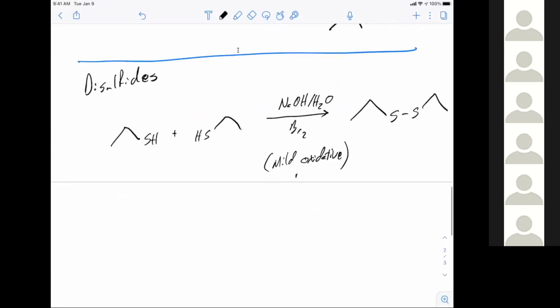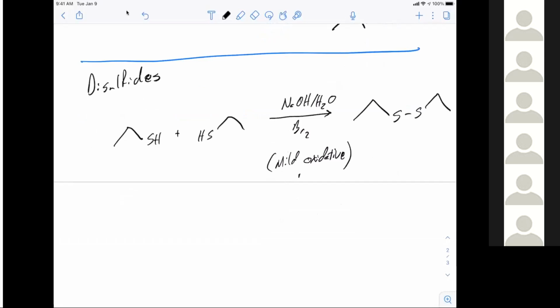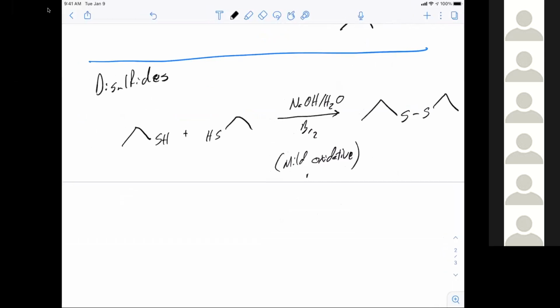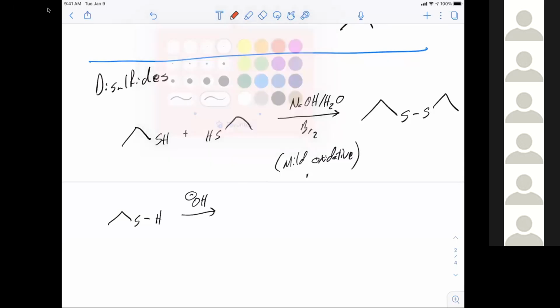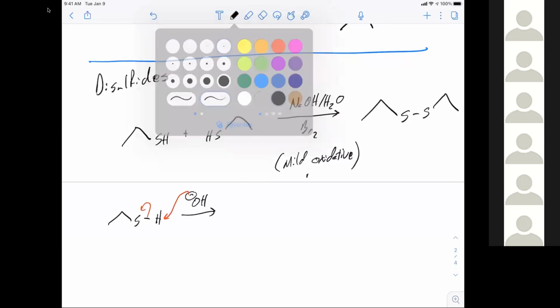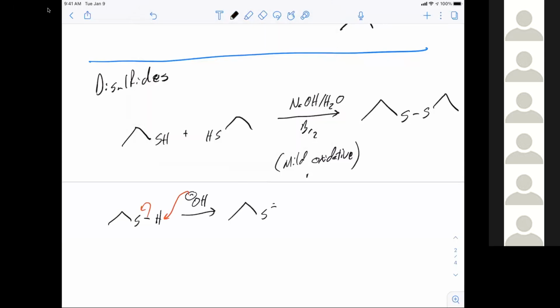So our mechanism here, we're going to have it react. First thing that we do is get a proton transfer with our base. Okay. Once we have the sulfur negative, then that can react with our bromine.